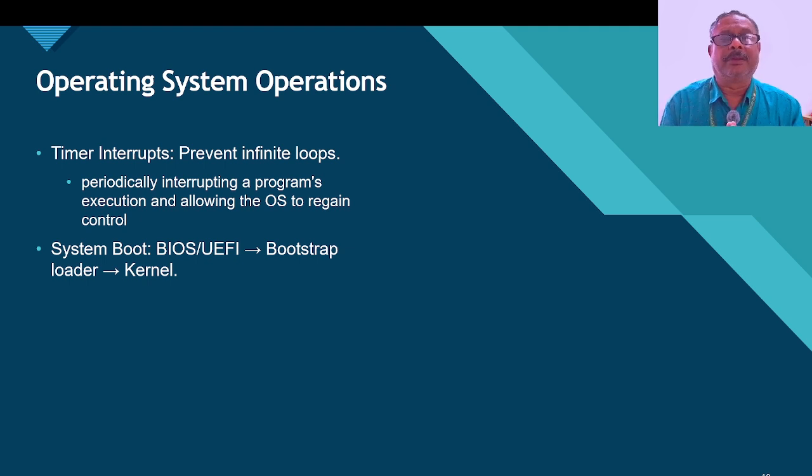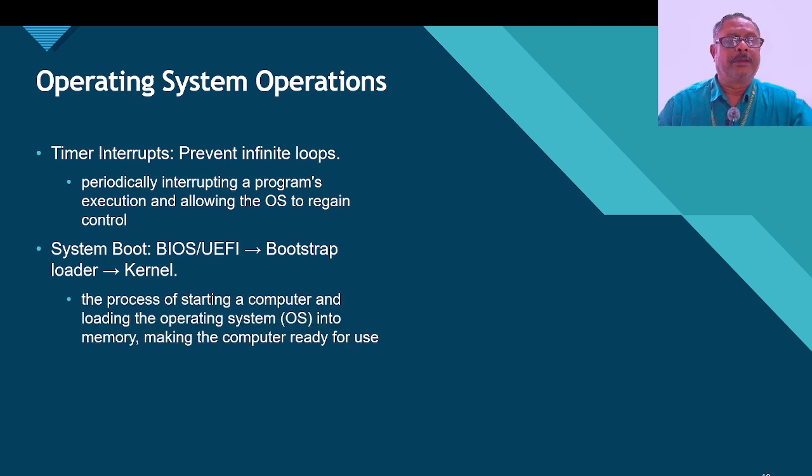The first activity the kernel does is search all the components connected to our motherboard, and then the driver for each of them is loaded onto the main memory, and then the full-fledged operating system comes to active mode.